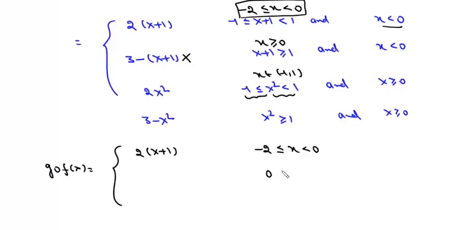So the intersection is x greater than or equal to 0 but less than 1. In this case, this definition is 2x square. And this fourth one is x square greater than or equal to 1. That means x is greater than or equal to 1 and x is greater than or equal to 0, that means x is greater than or equal to 1. Then this definition is 3 minus x square.